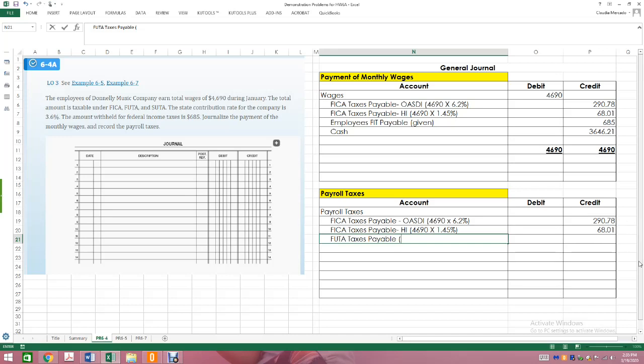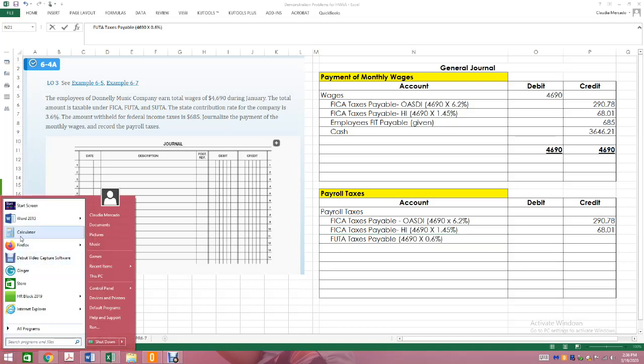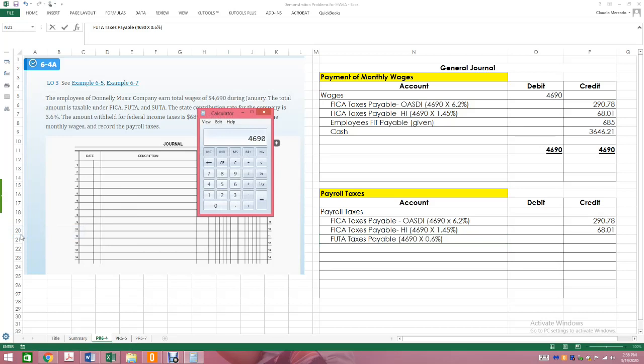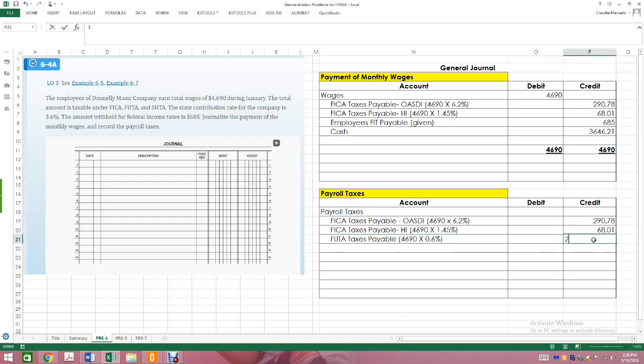So we're going to get the $46.90 times the 0.6%. And let's see what that gives us. $46.90 times 0.6% gives me $28.14. And we also have to pay state unemployment tax, SUTA.